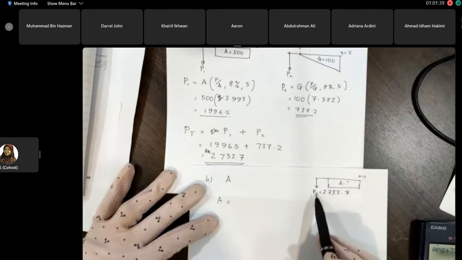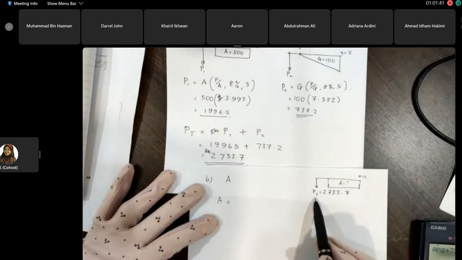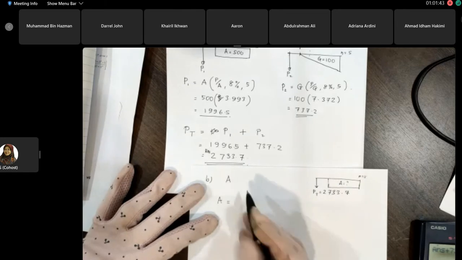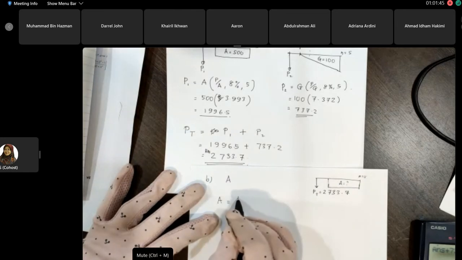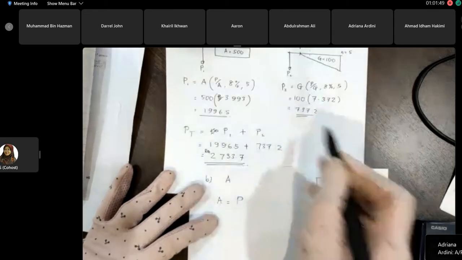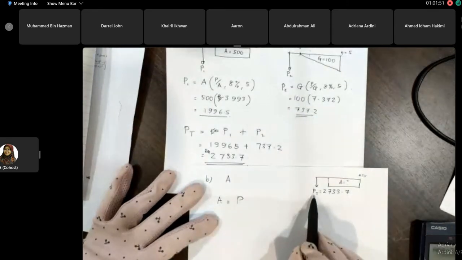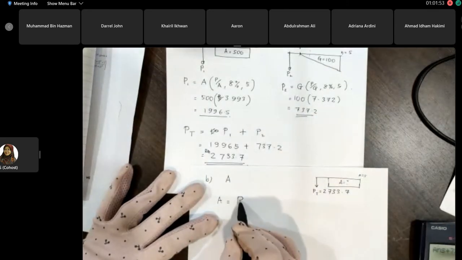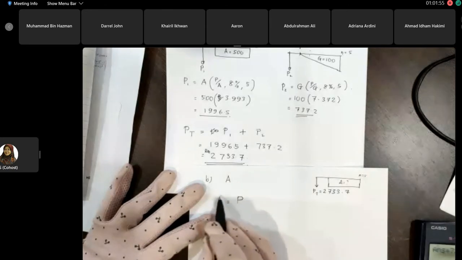A equal to P. The given is P, and A is what you want to find.